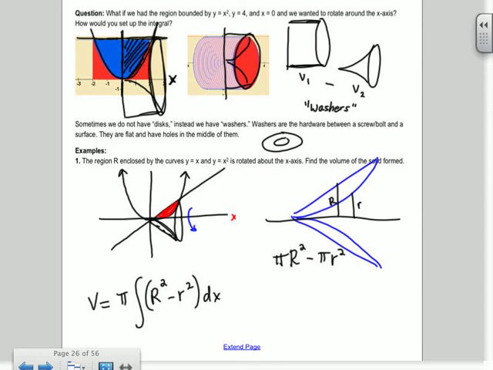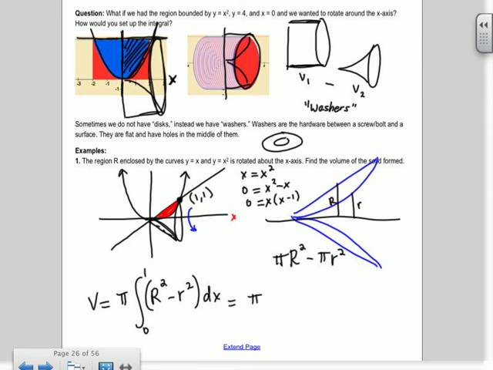It's vertical chops, but you're moving from left to right. So your x values are what's changing. We're going from x equals 0 to, what's this intersection point? 1. You'd set x equal to x squared, get everything on one side, pull out the common factor, and you get x equals 0 and x equals 1 as the places where they intersect. So from 0 to 1.